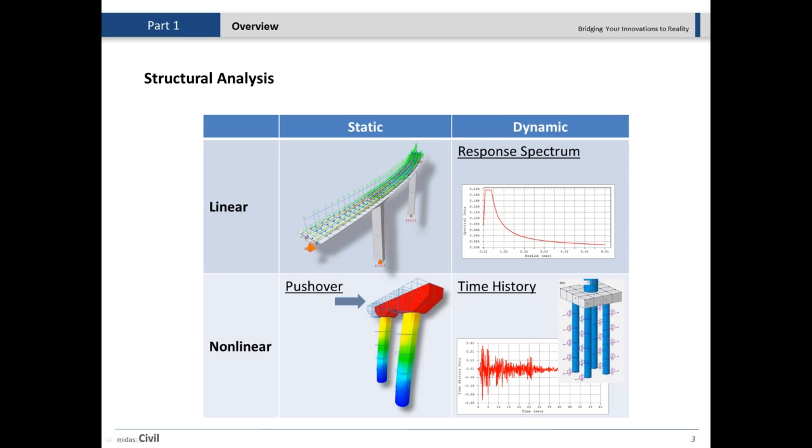For example, when you have your pier or you have your pile or even your girders, not only do we take care of the linear or elastic behavior of the structure, we are also going to see the nonlinearity on this structure, or seeing more capacity of the bridge when it goes to the plastic zone. So in this way, we are just utilizing more of the capacity of the software. So we're going to talk about those details later in this presentation.